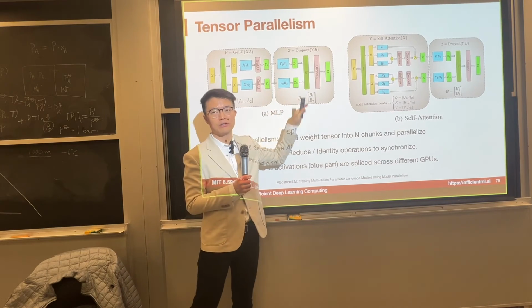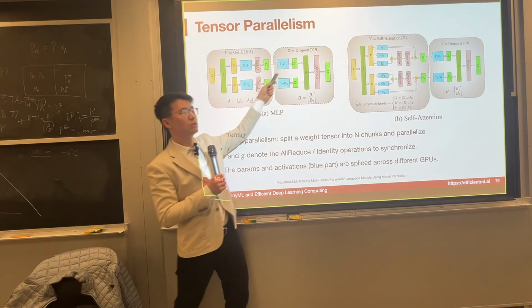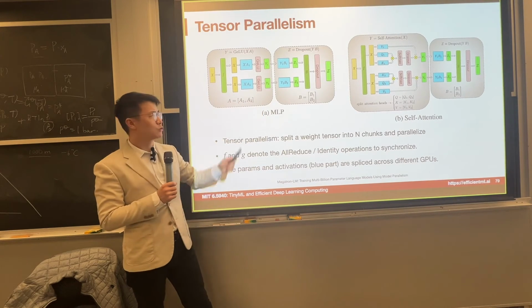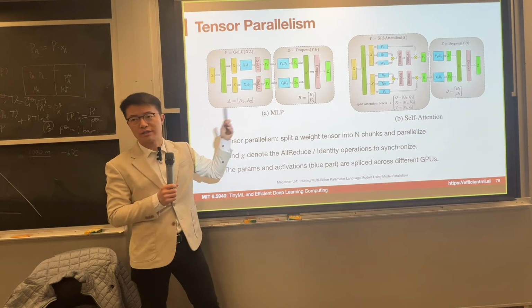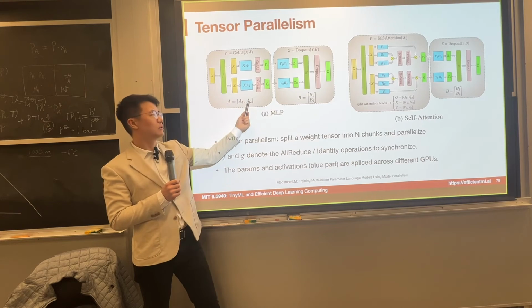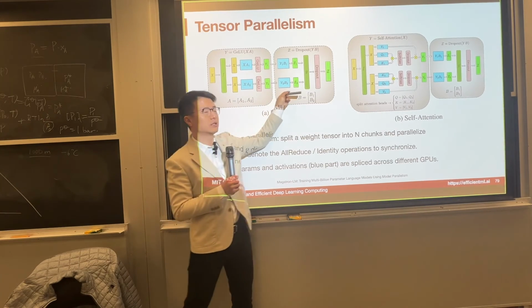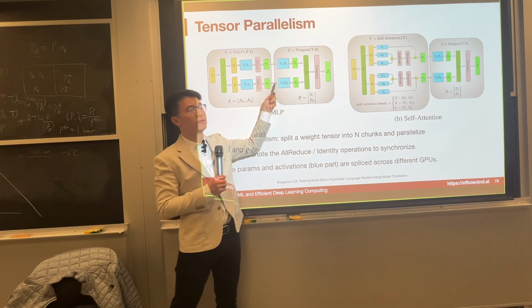B is the weight for the second layer. First, we divide the A matrix, the first weight matrix, in the vertical dimension, and the B matrix in the horizontal direction, which can minimize the communication.